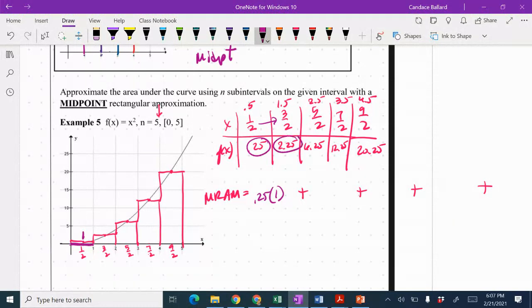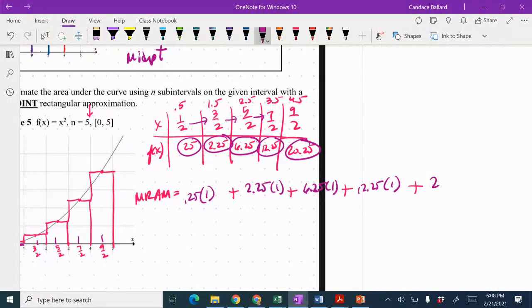All right, so my next height is 2.25, and then the distance in between is still 1. My height here is 6.25, and my distance in between is still 1. And then my height is 12.25, and I really shouldn't be doing my distance there. I should be doing my distances from down here. My distance in between is still 1, and then my final height is 20.25.